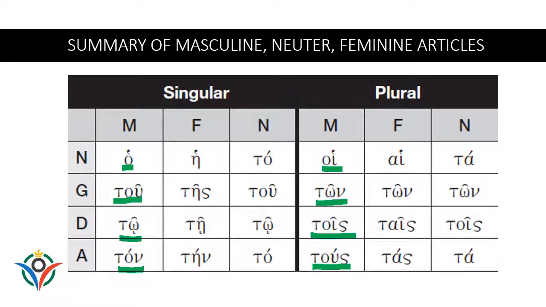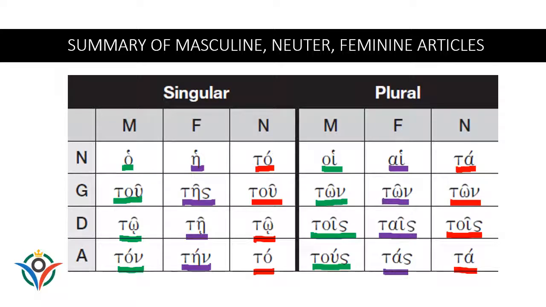The feminine articles, starting with the singular, are hē, tēs, tē, and tēn, and the plural forms are hai, tōn, tais, and tas. And then finally, the neuter articles, starting with the singular, we have to, tou, tō, and to, and the plural forms ta, tōn, tois, and ta.